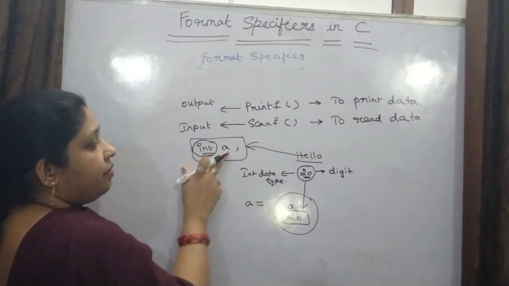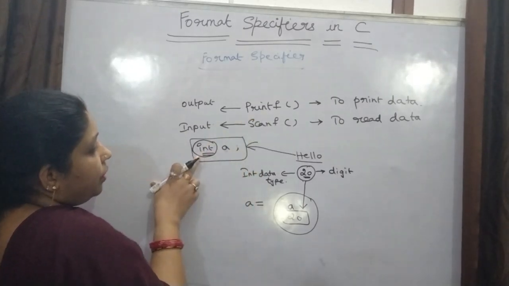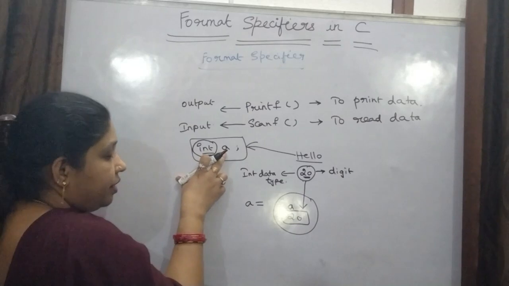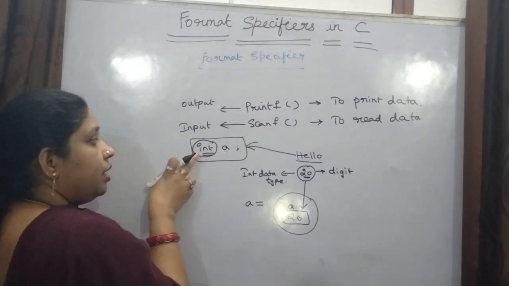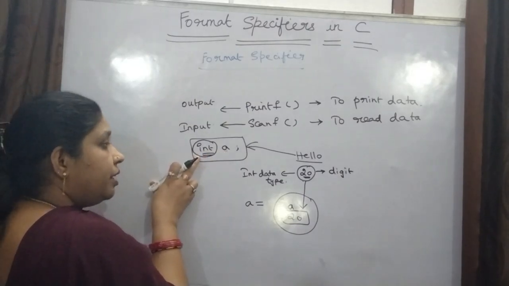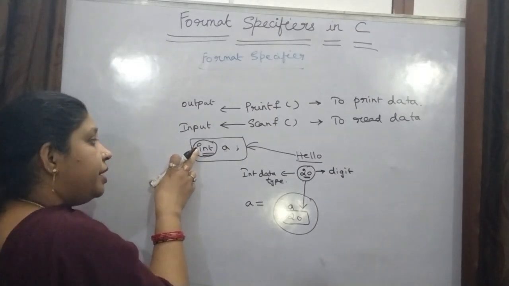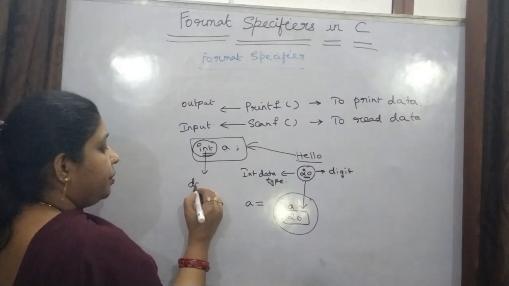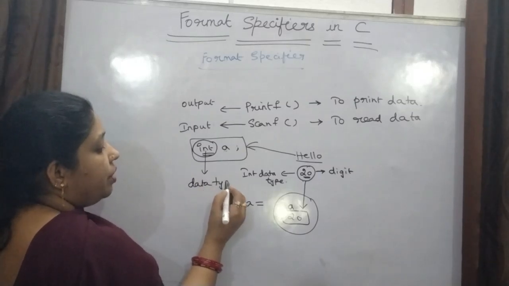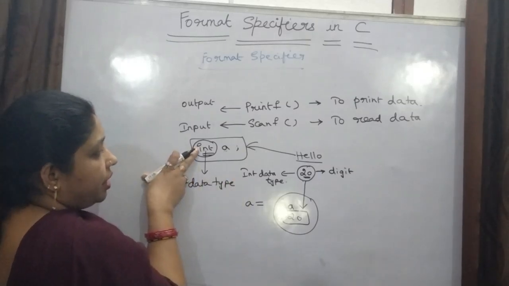Printing the value of A on the console depends on the data type.